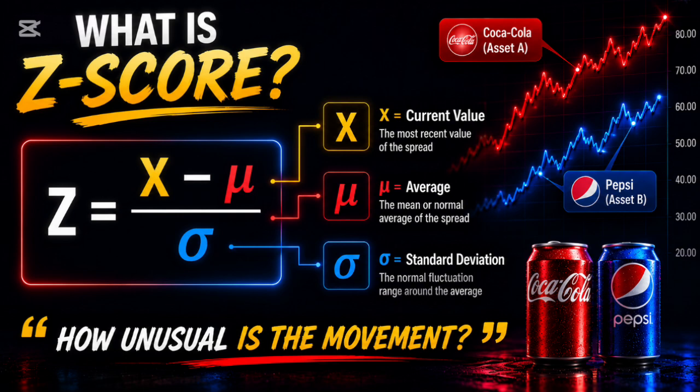Remember, when I say spread, I mean widening and narrowing. It is normal for spread to move above and below average. But when the spread moves very far away from its normal relationship, that is where the best traders pay close attention.